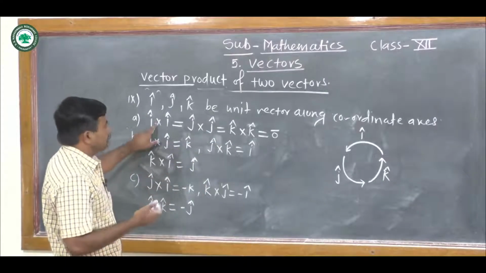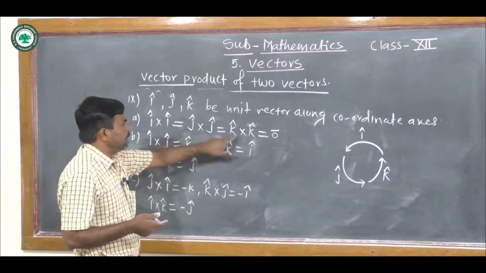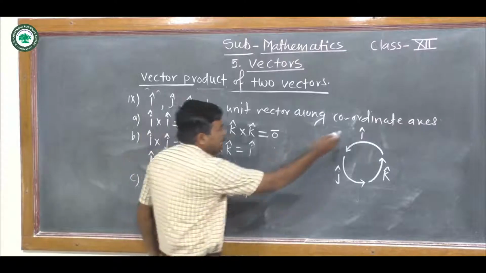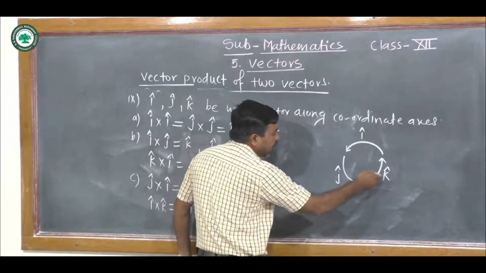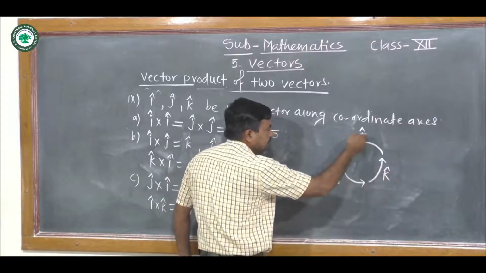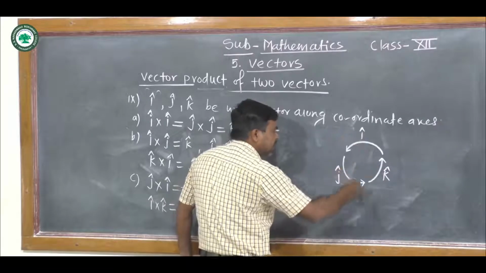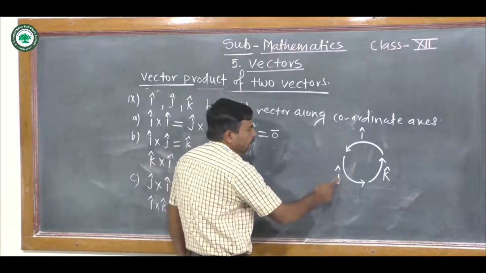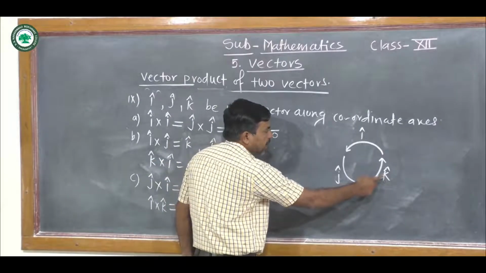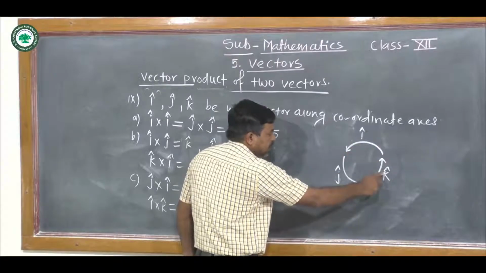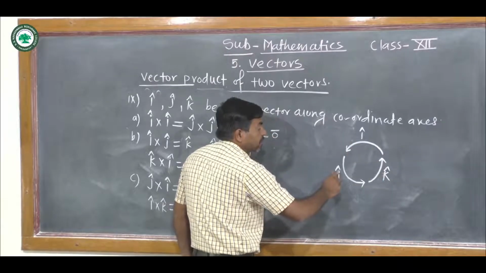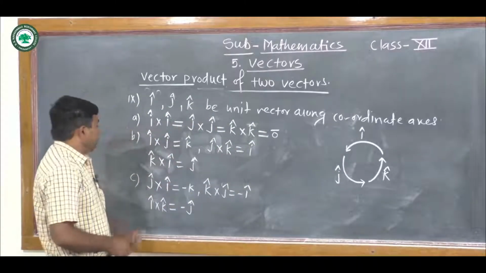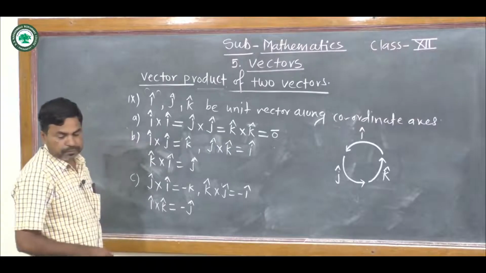See, i cap cross i cap, j cap cross j cap and k cap cross k cap are 0. Now i cap cross j cap is k cap, j cap cross k cap is i cap, and k cap cross i cap is j cap. Now if we change the order, j cap cross i cap is minus k cap, and i cap cross k cap is minus j cap. So in this way, with the help of this figure, you can remember these three rules.